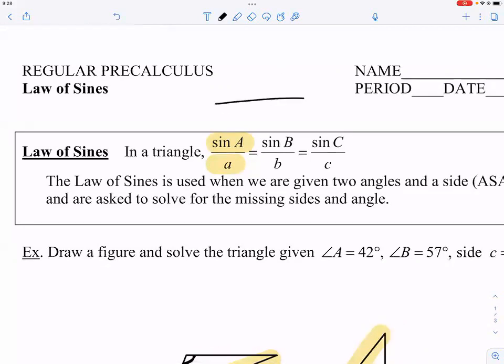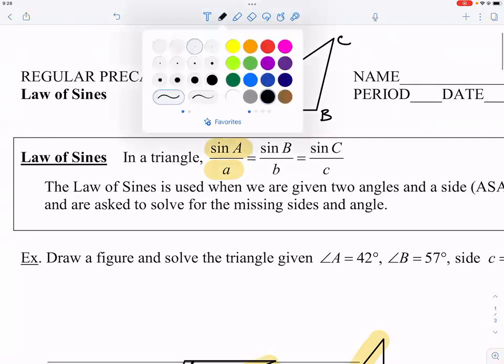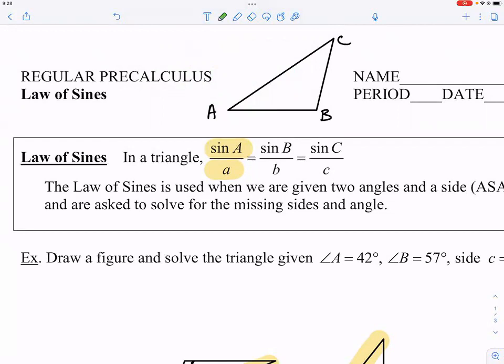Okay, all right, so just say A, B, and C. I just want to make sure that everyone has good memory in terms of labeling sides. The capital letters would be used to label the vertices, or the angles, A, B, C. We'll use small letters to label the sides.